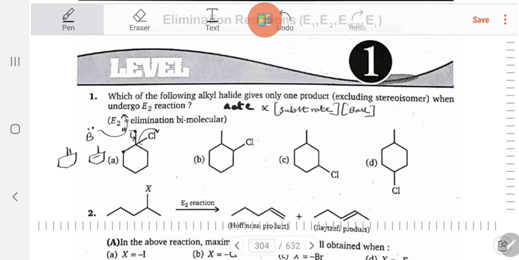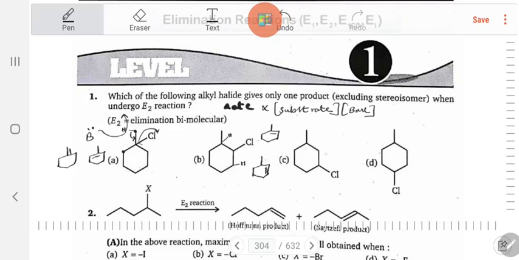Now coming to option B, hydrogen may be abstracted by base. That hydrogen may be tertiary hydrogen, or that hydrogen may be secondary hydrogen. So here also you may get two types of products. You may get a double bond here, or you may get a double bond at this position.